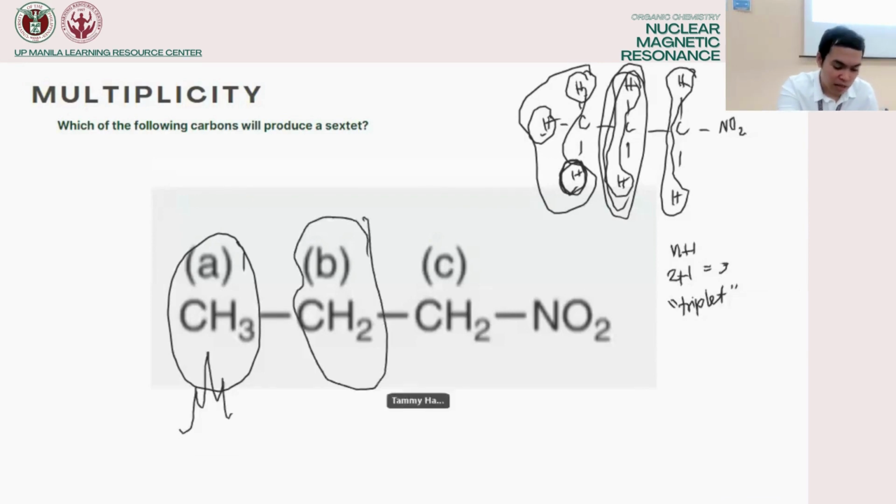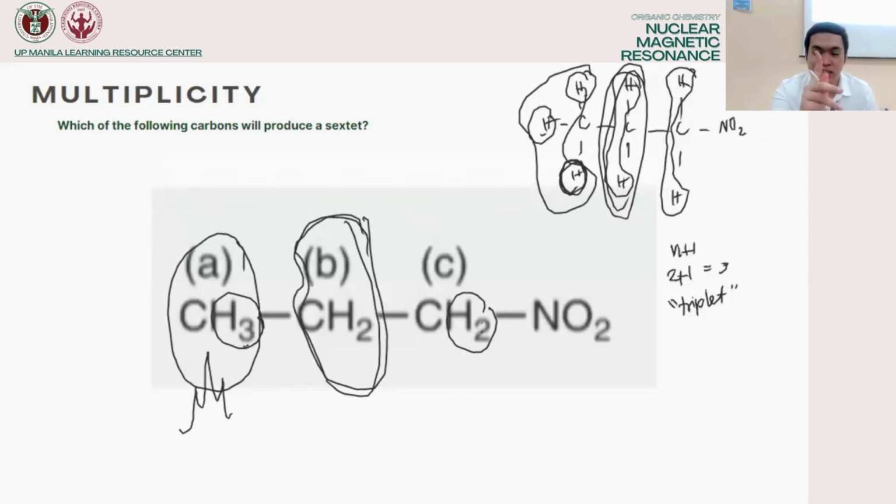How about letter B? Ang dami niyang katabi, di ba? Ilan ang katabi niya? 1, 2, 3, 4, 5. 5 lang ba? Bakit 6? Yung kasama niya pa. Sure kayo? Sabi natin, isang signal lang to.